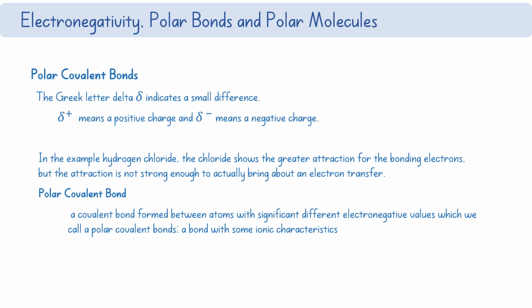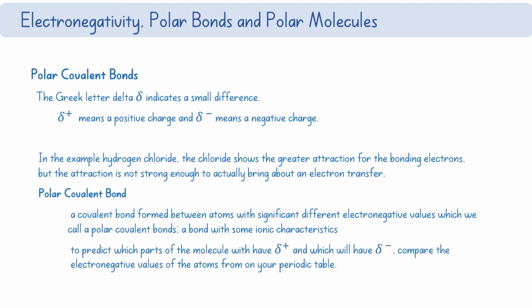So a covalent bond forms between atoms with significantly different electronegative values, which we call a polar covalent bond, or a bond with some ionic characteristics.